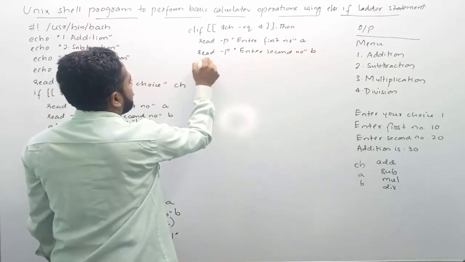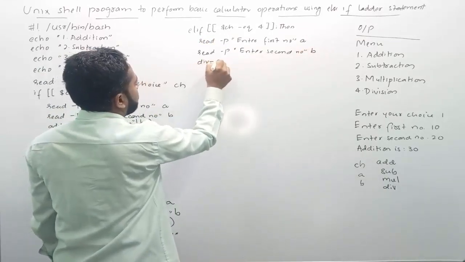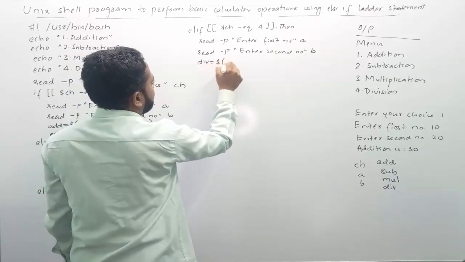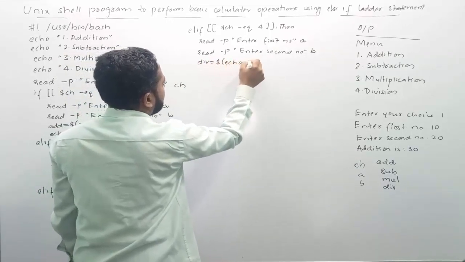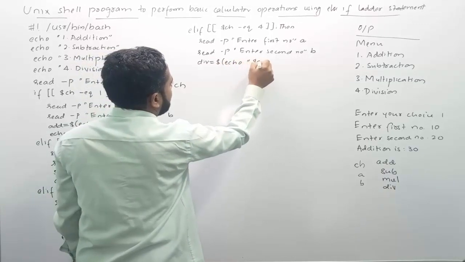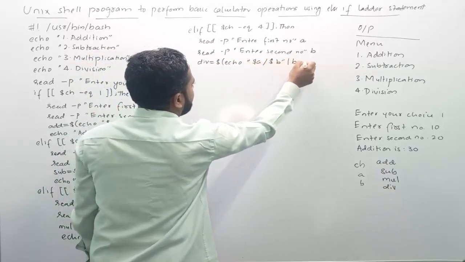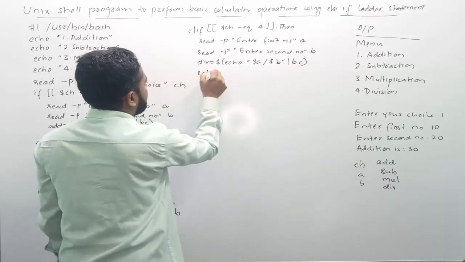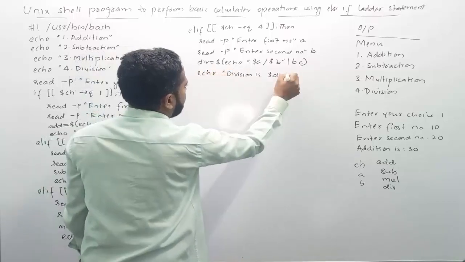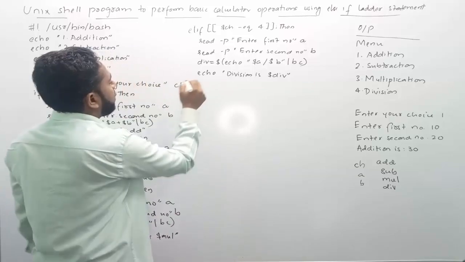Then div=$(echo "$a / $b" | bc). Now we need to print, echo double quote div.